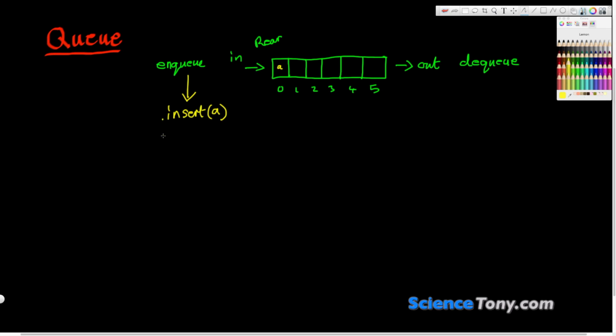But when we use insert again, insert B, A is going to be pushed into here, and B will go into there. And this keeps happening. So the more things you push into here, A moves to there, and then it moves to there, and then it moves to there, and all the way along.